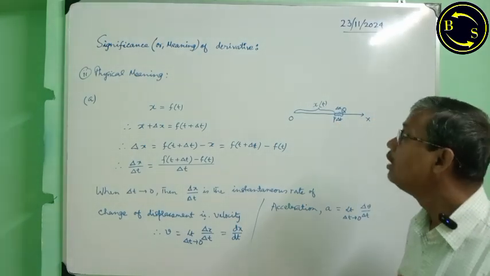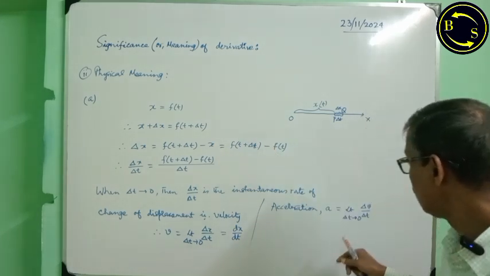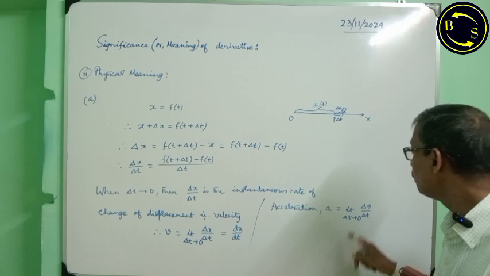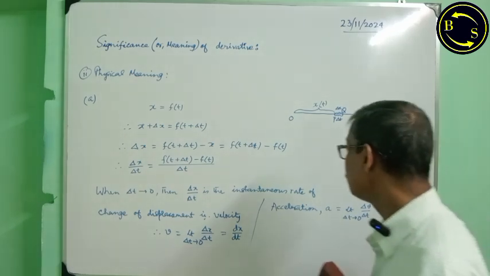Then if we calculate in this way, we will get acceleration is equal to limit delta t tends to 0 delta v by delta t, which is dv dt.